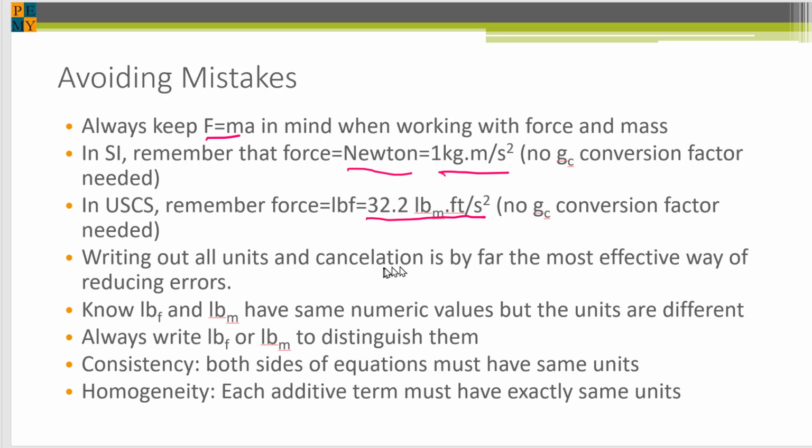Write out all the units, and cancellation is by far the most effective way of reducing errors. You want to know that pound force and pound mass have the same numeric values in the USCS, but they're different units. And it's good to distinguish them with a subscript. By using consistency and homogeneity, you can check your equations for proper manipulation and results.